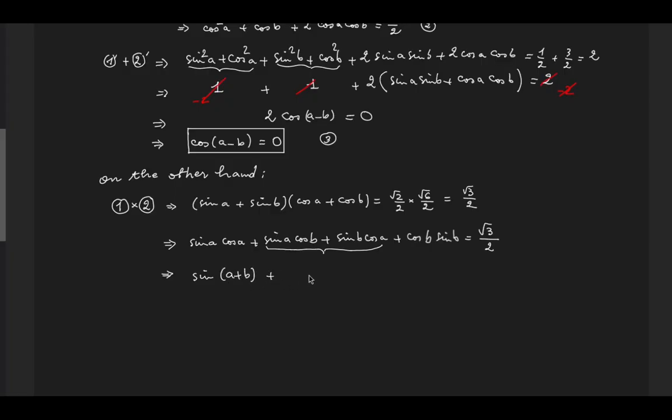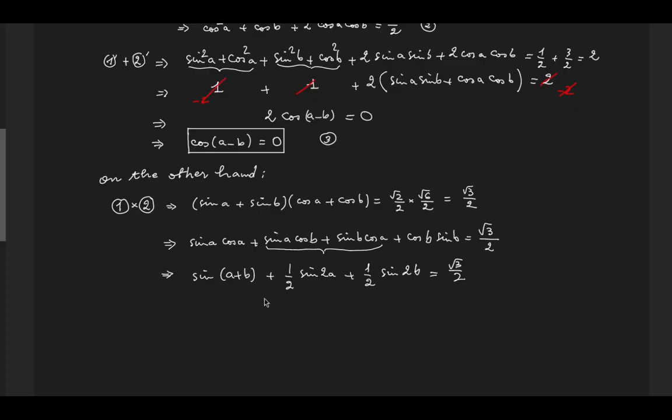Then sine a cosine a is equal to 1/2 sine 2a, as we have written above, and cosine b sine b is equal to 1/2 sine 2b, all equal to square root of 3 over 2.